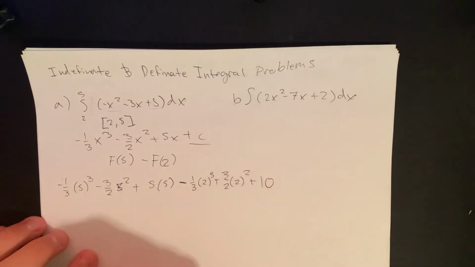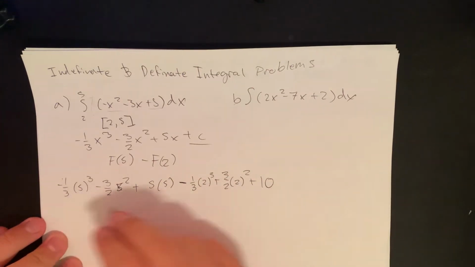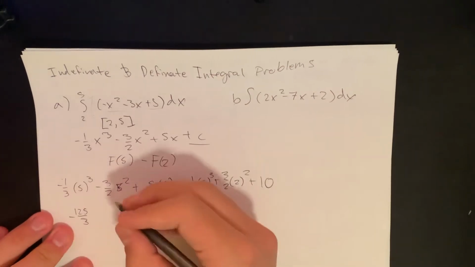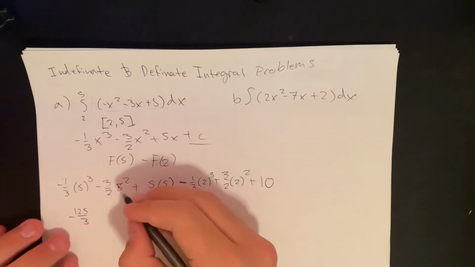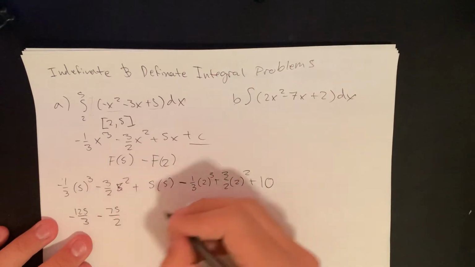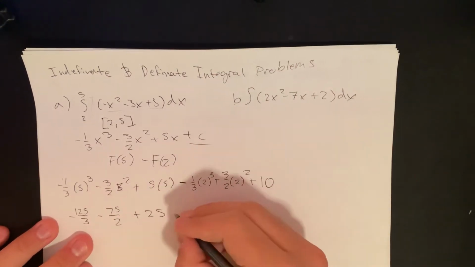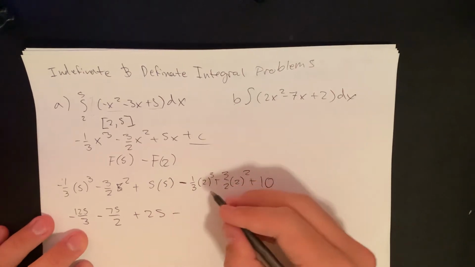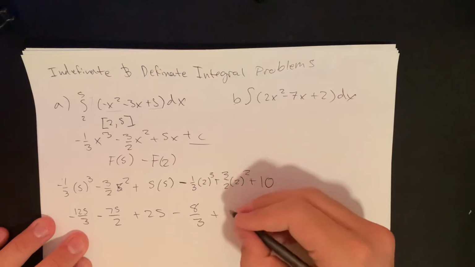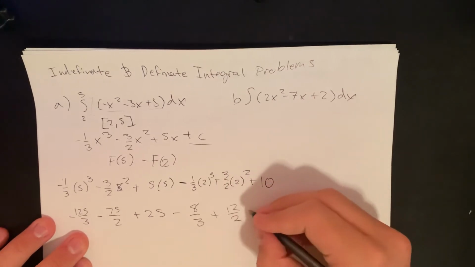From this we go and find these numbers. So this will be negative 125 over 3, and then this will be 25 times 3, so 75 over 2, plus 25, and minus 8 over 3, plus 12 over 2, plus 10.